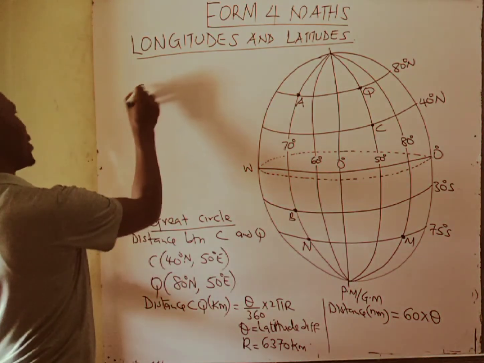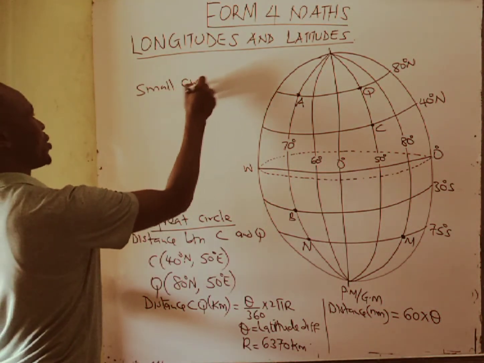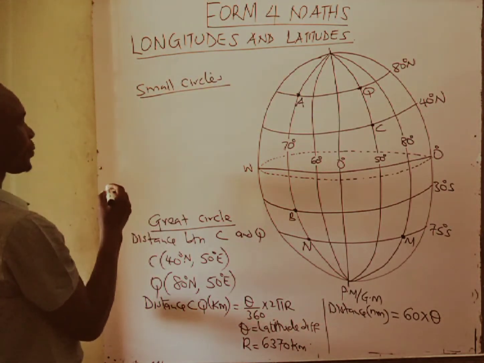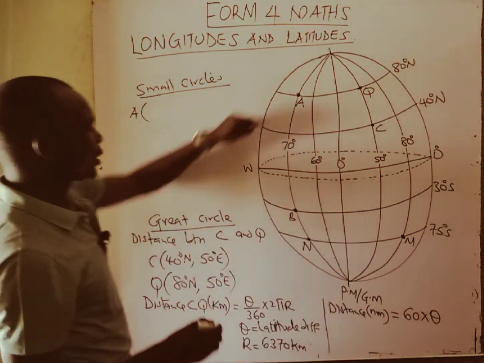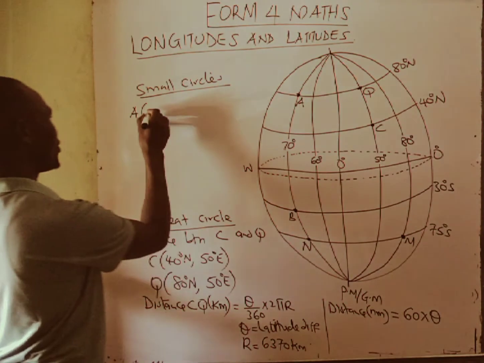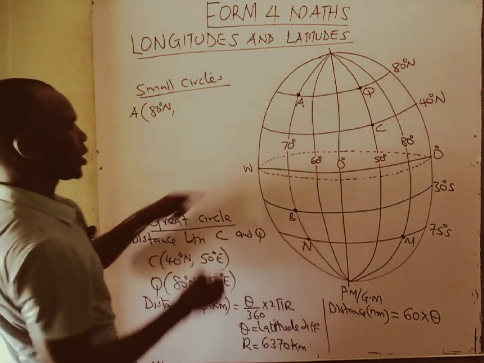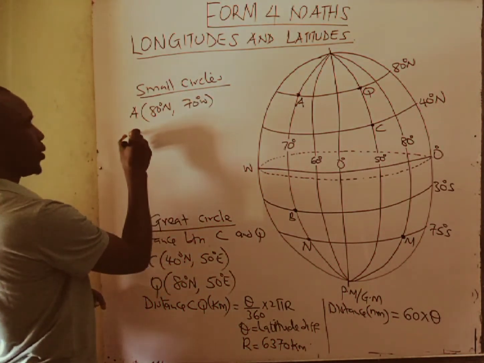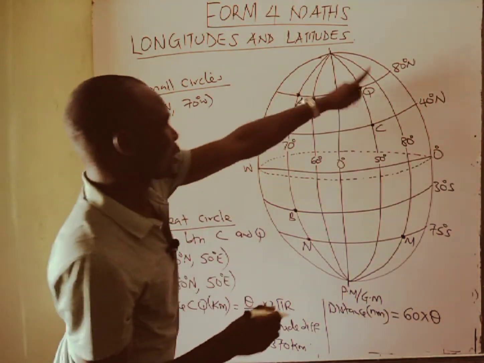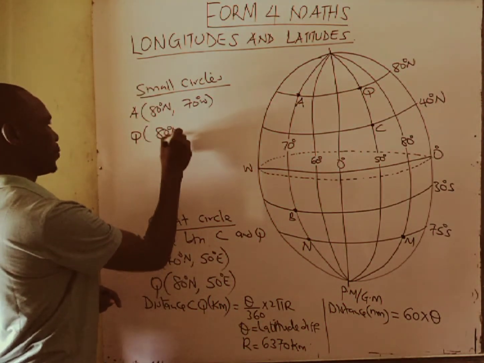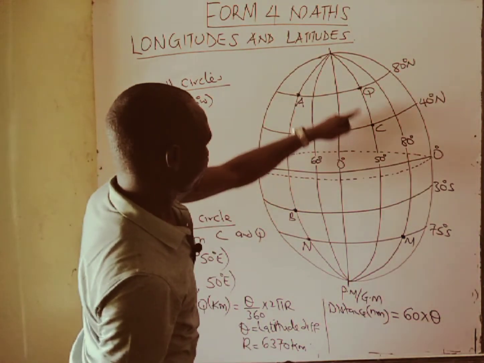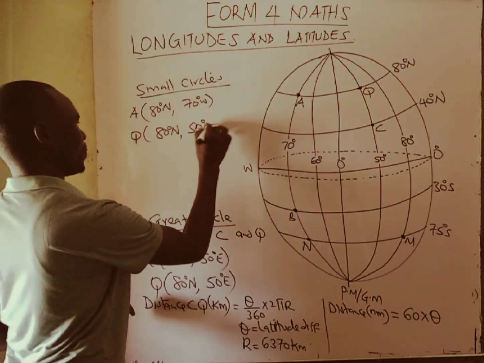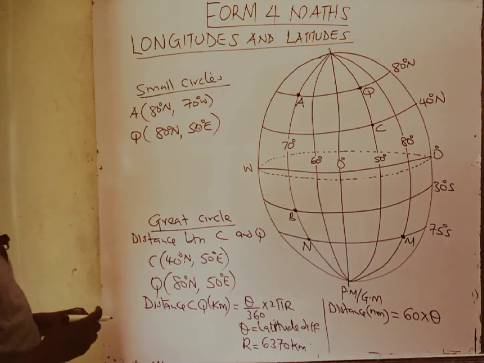For small circles, where we have said all latitudes are small circles, for example, if somebody gives you a point A, and A lies 80 degrees north and 70 degrees west, we also have a point Q which lies 80 degrees north and 50 degrees east, and you are supposed to calculate the distance between A and Q.